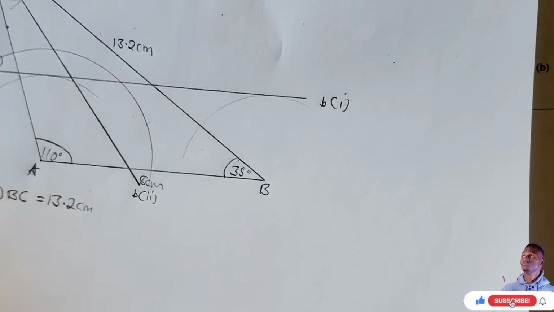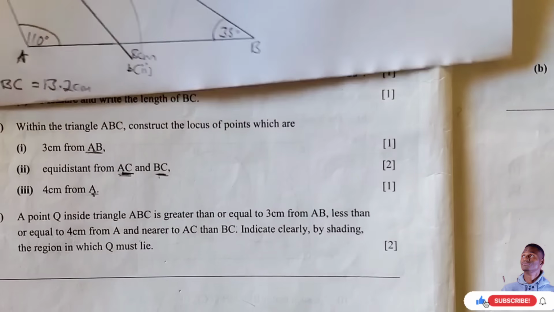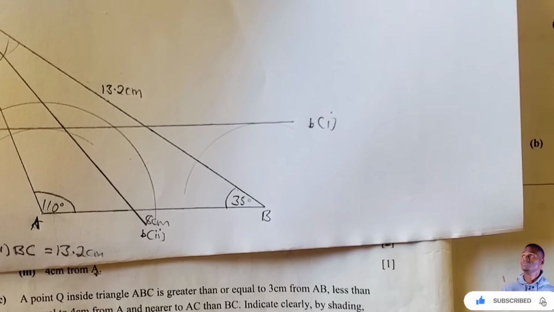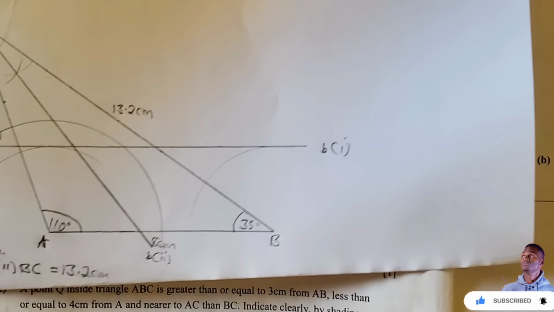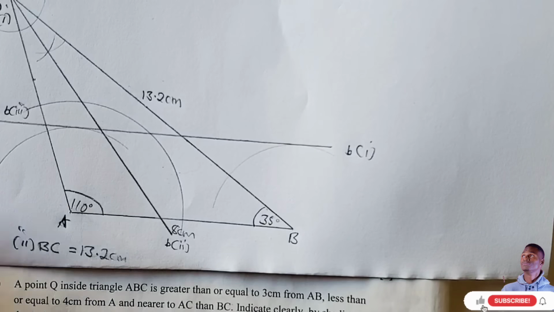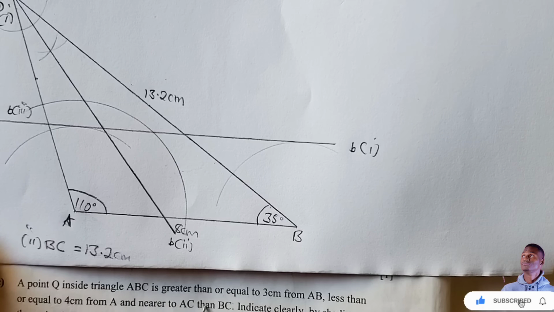Now, we are almost done. Part C. They're saying a point Q inside triangle ABC is greater than or equal to 3 centimeters from AB. Make sure that whatever conditions they tell us, the diagram is visible.